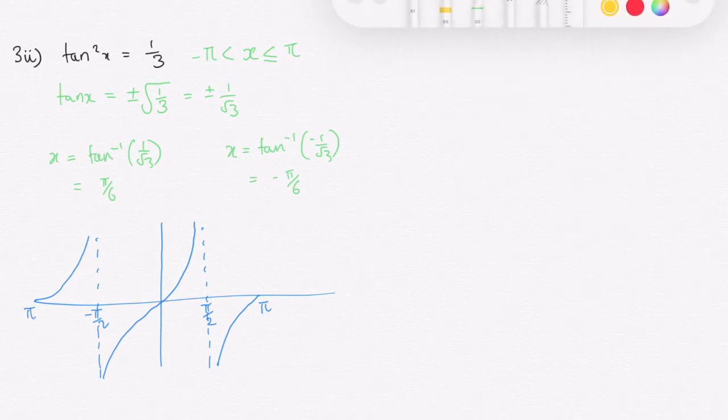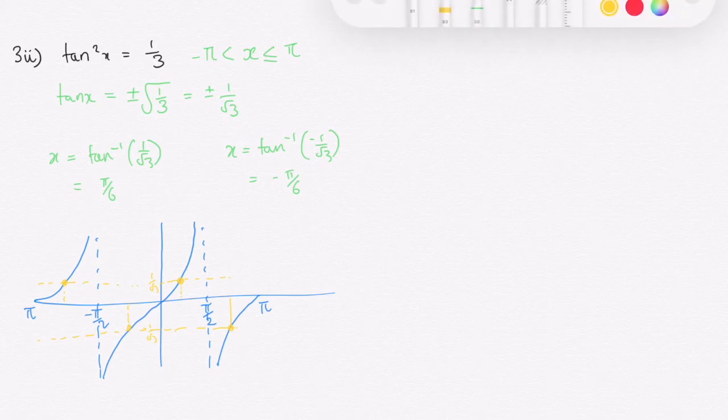If we think about 1 over root 3, which is approximately about here, we can see that we should have two solutions here and here. And then at negative 1 over root 3, we should have two solutions here and here.